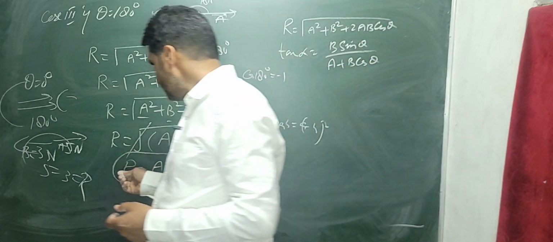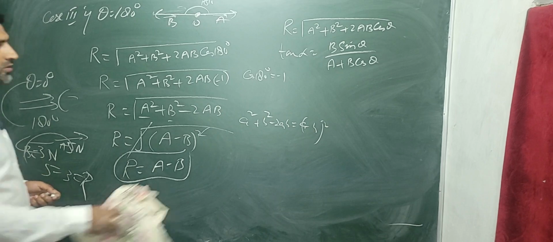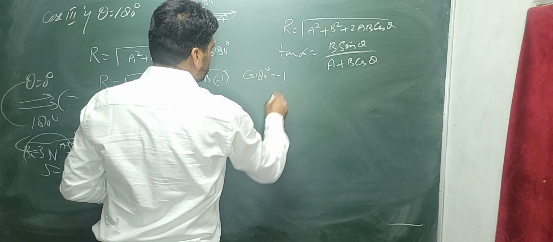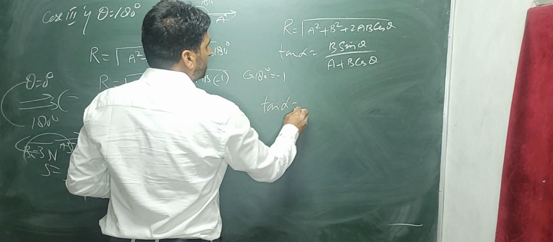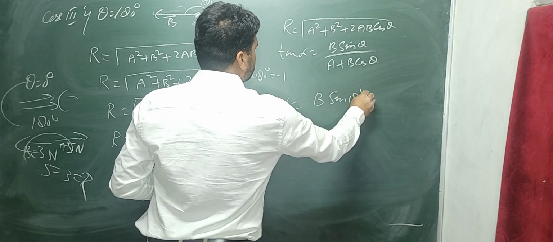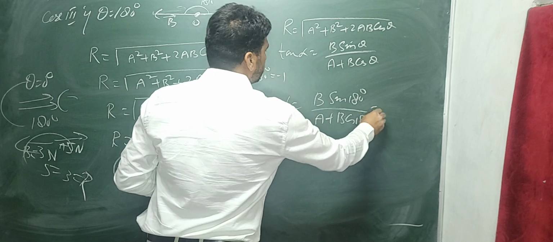So let's now discuss it further. Now, what about the tan alpha? So now tan alpha comes out to be equal to B sine of 180 degrees, divided by A plus B cos of 180 degrees.